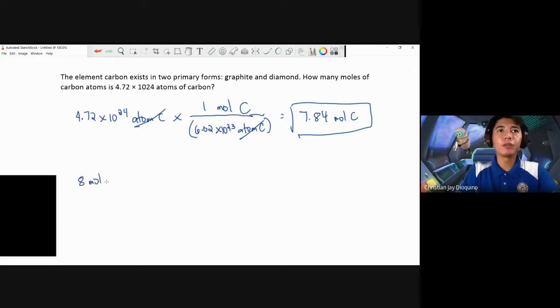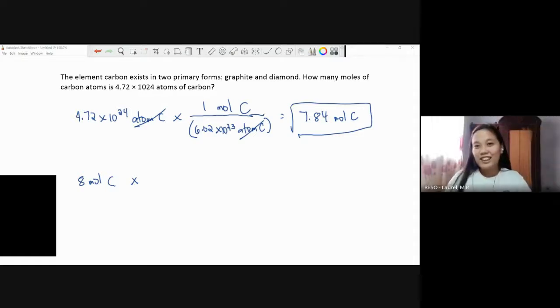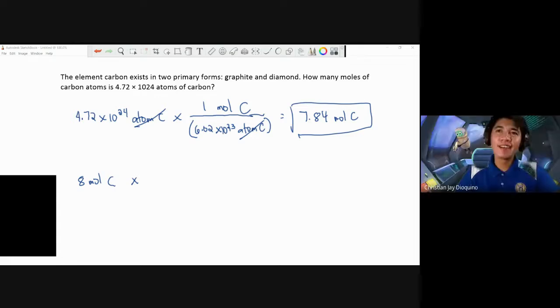Let's say we have 8 moles of carbon. Then, anong gagawin natin? Marian? Nasa taas po yung 6.02 times 10 to the 23rd power, then over 1 po yung mole. Okay, correct.